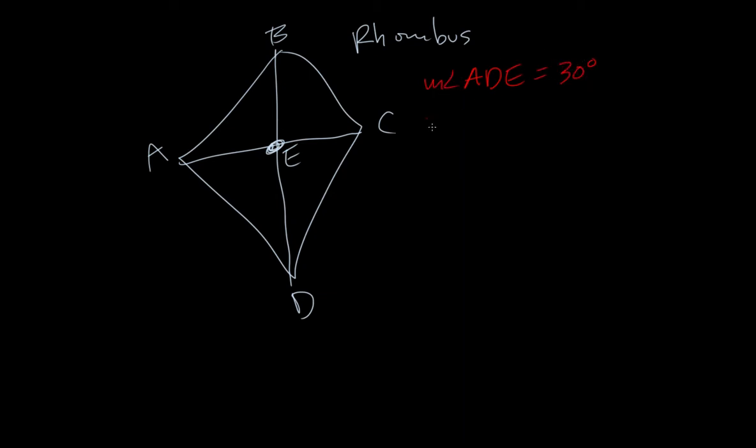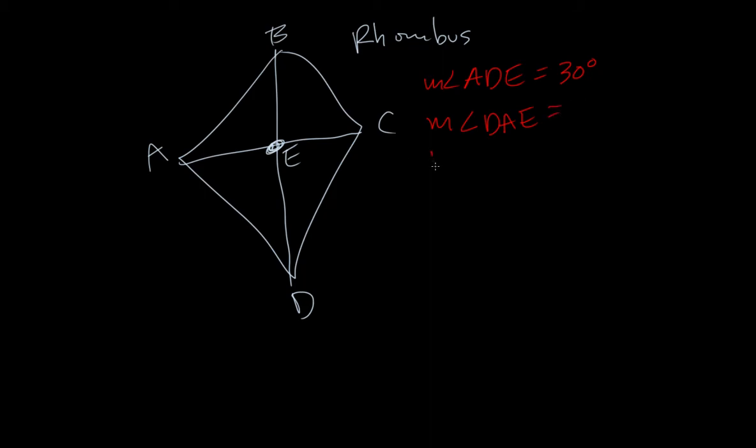This time it's given that this is a rhombus, and A, B, C, D, okay, so A, B, C, D, E, and once again it's a rhombus, so we want to think of the rhombus properties. Okay, so we have ADE is equal to 30, DAE is what we want to find.